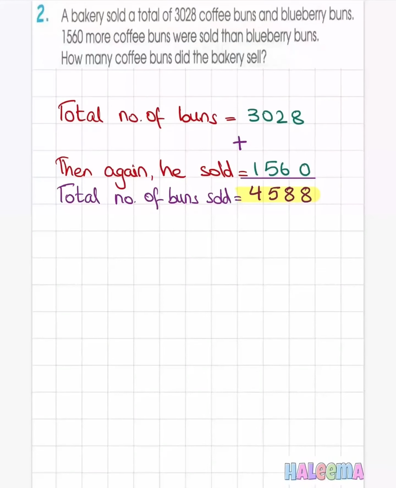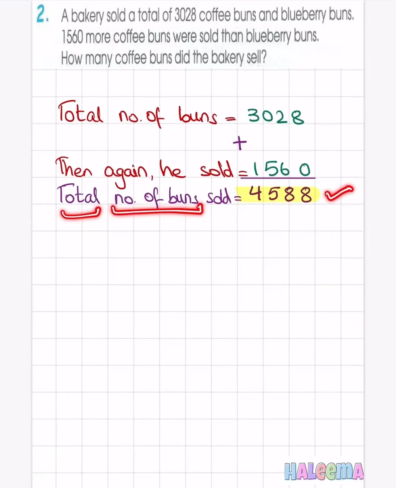Now in the next step, if I divide them into 2, we'll get the coffee buns. This is exactly what the question is asking you. So look here, how many coffee buns did the bakery sell? Remember I told you 4,588 is the total number of buns sold, which includes coffee as well as blueberry.